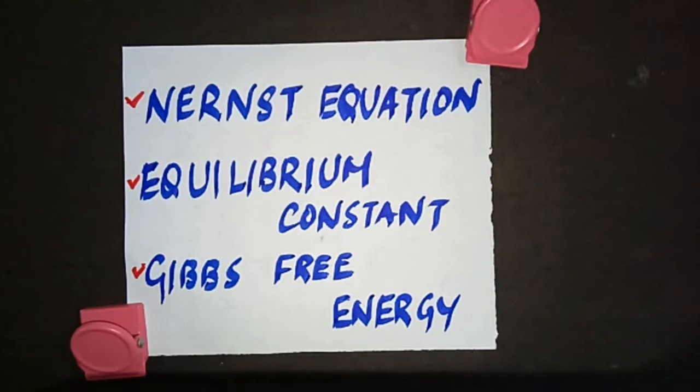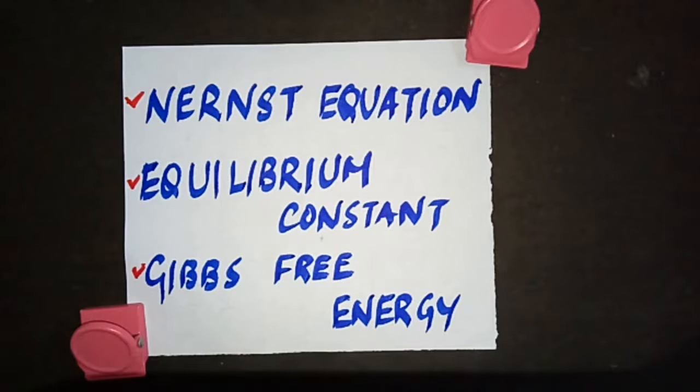The values that we have seen in the electrochemical series are also measured at a temperature of 298 Kelvin and 1 molar concentration, and these values hold good only when the concentration of the electrolytes is 1 molar.